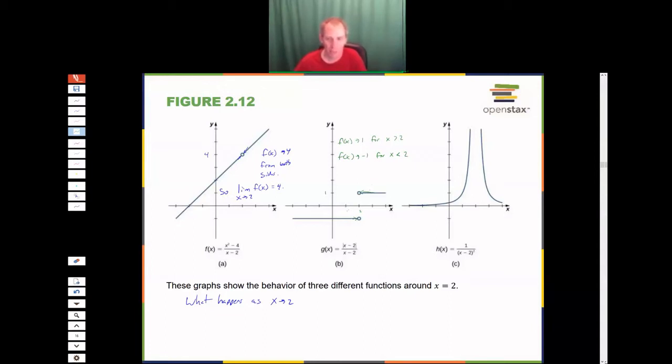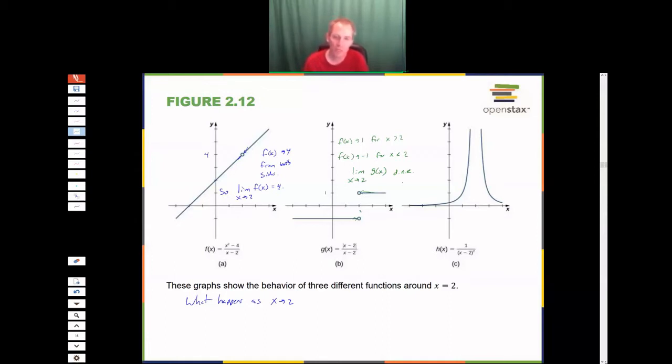We still want to describe this behavior. First of all, we're going to say that the limit as x approaches 2 of this function g of x does not exist, because it's not one single number that my function is getting closer and closer to as x approaches 2.